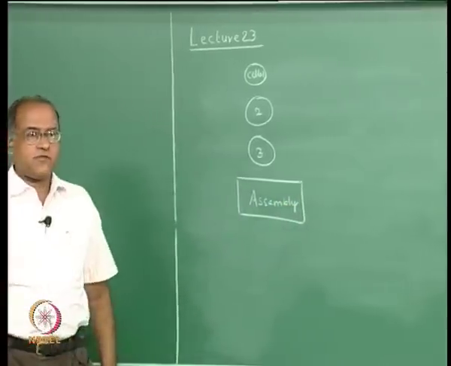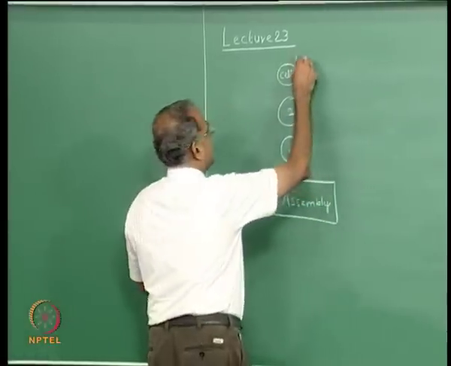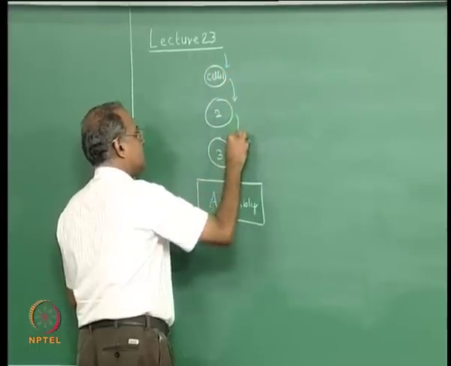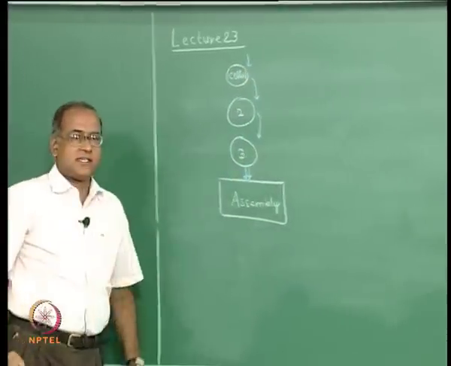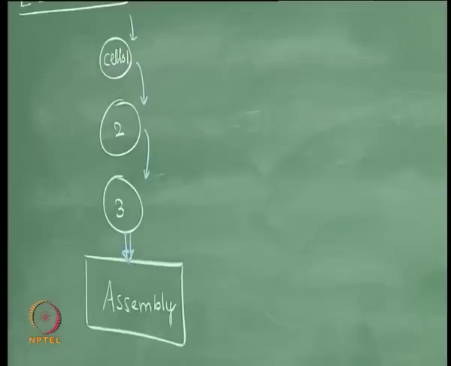So, each of these 4 parts P1 to P4 will first start processing on cell 1, then they will visit cell 2, then they visit cell 3 and then they go to assembly. Let us say we have a cellular manufacturing system which works this way.